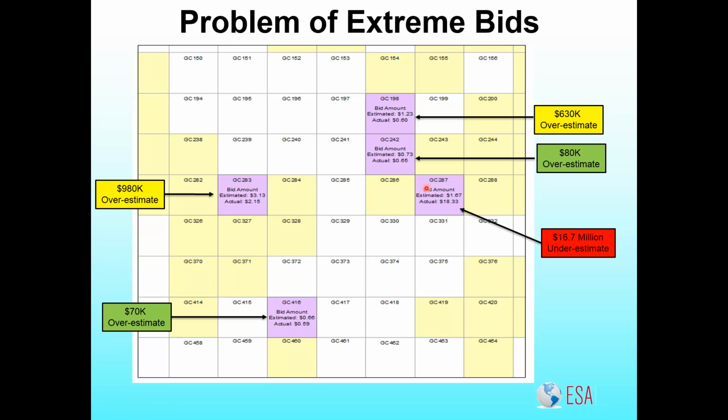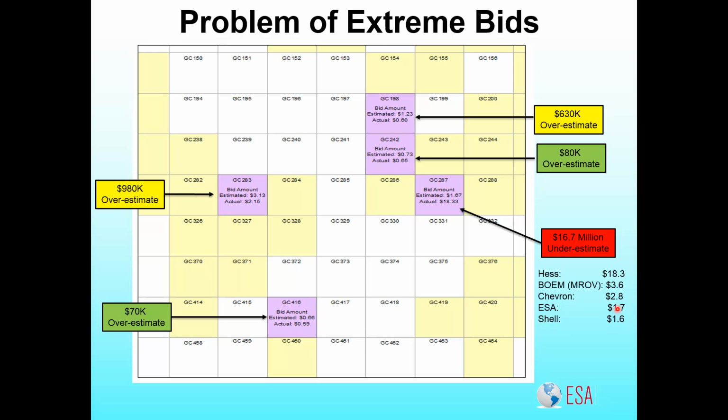It's interesting when it happens, and it's very hard for a model to pick out, especially when it's right next to another block that received almost the minimum legal bid. In this particular block, I think we looked up the numbers. Shell, this had many bids. Shell bid 1.6 million. We, ESA, estimated it at 1.7 million, so we were actually pretty close to what Shell came up with.